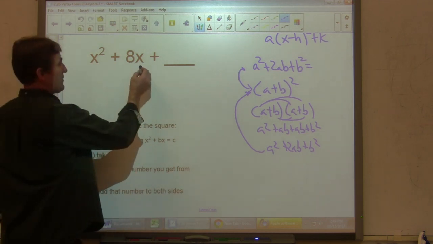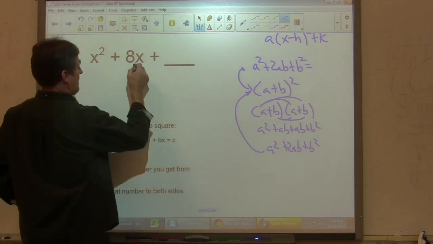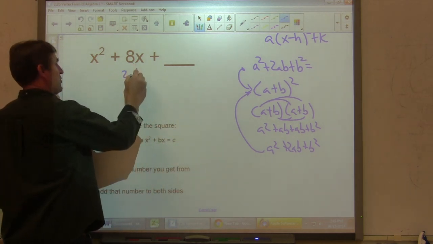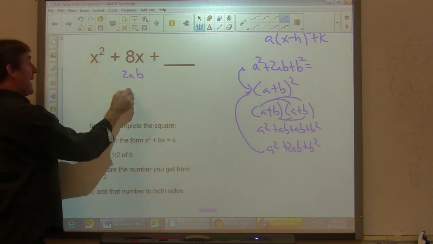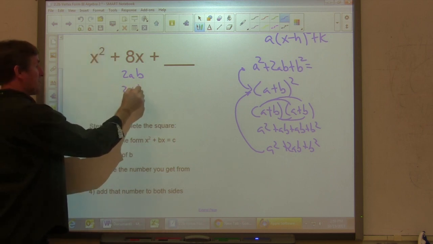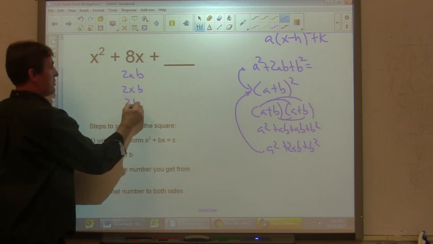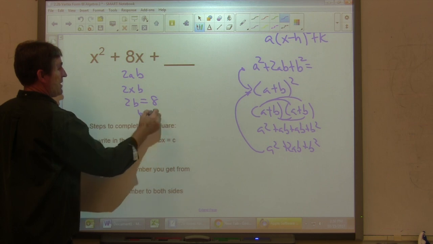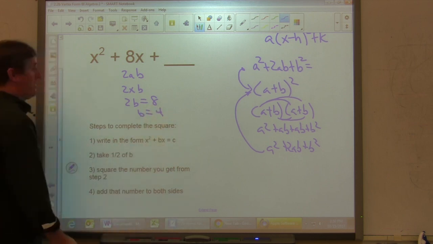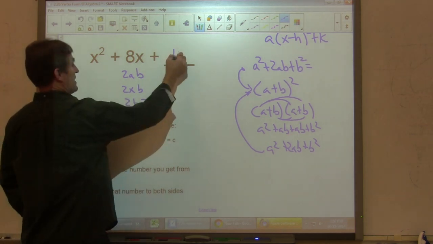So if this is in this form, then this middle term has to be 2ab. Well, we already know that a, the square root of this, would be x, so that would be 2xb. And so this 2b has to equal 8, and so b would have to be 4, and then 4 squared would be 16.